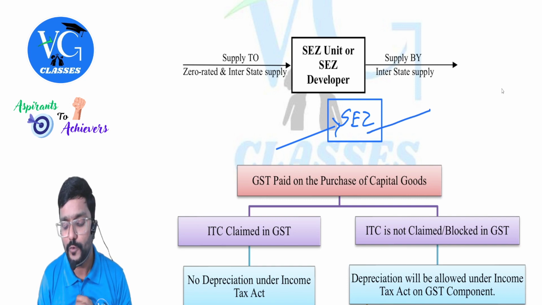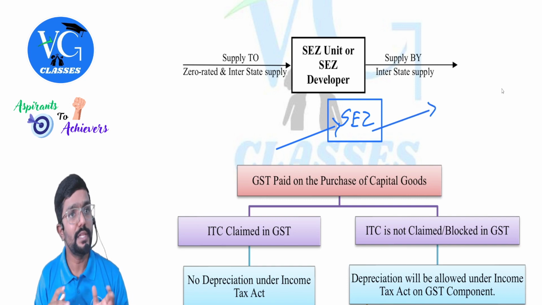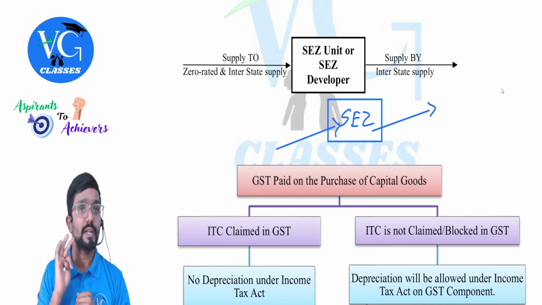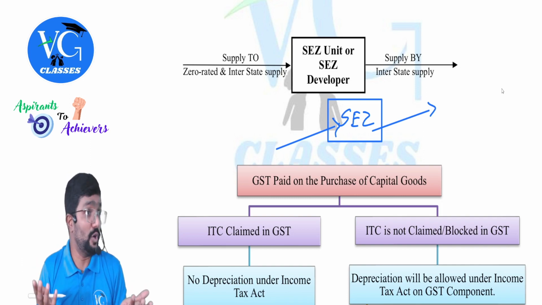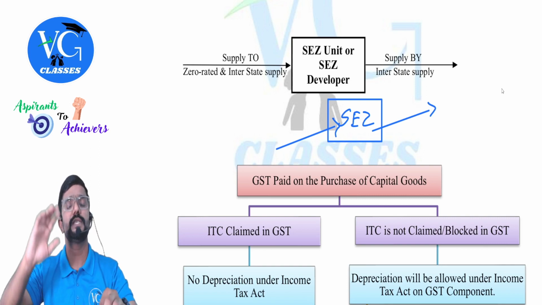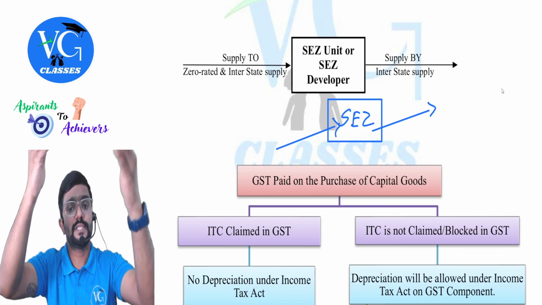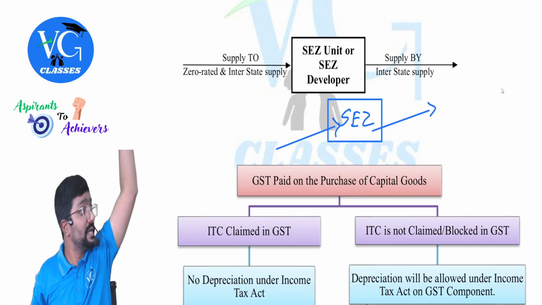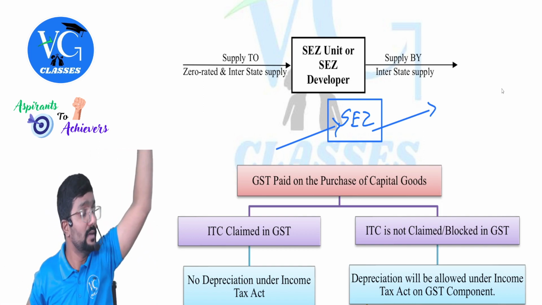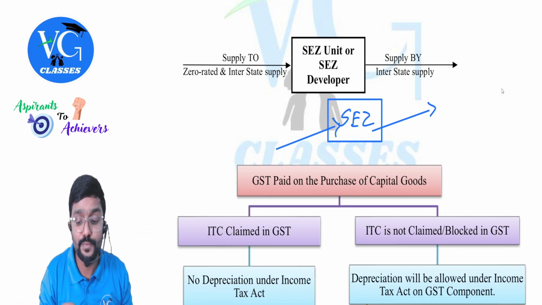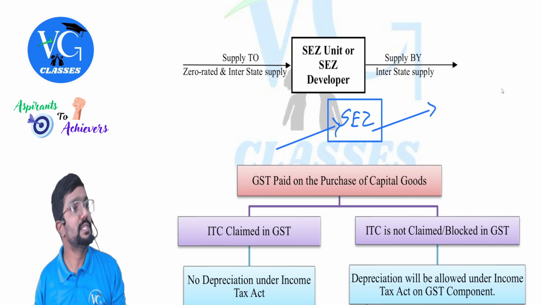Whereas anything going out from here is interstate but not zero rated. It can actually be import also. At par with import, but I'm not telling it is exactly import, because if it is taken from SEZ within India, we can call it at par with import. Sir, what if it is going outside India? From SEZ, if it is going outside India, then it will fall under export. Export is always zero rated.